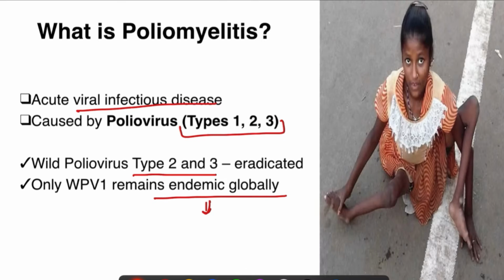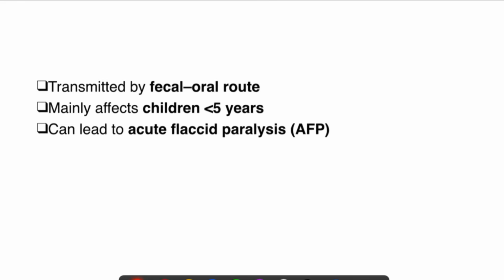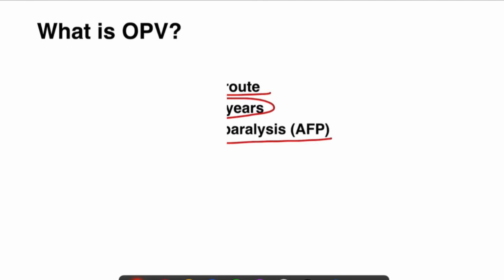The only two countries where the wild poliovirus remains endemic are Afghanistan and Pakistan. This disease is transmitted by the fecal-oral route and mainly affects children below the age of 5 years, and that leads to acute flaccid paralysis.